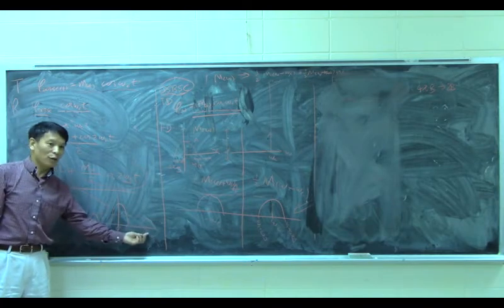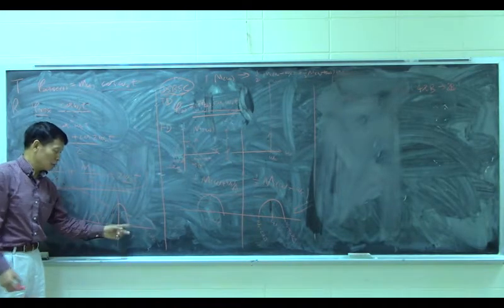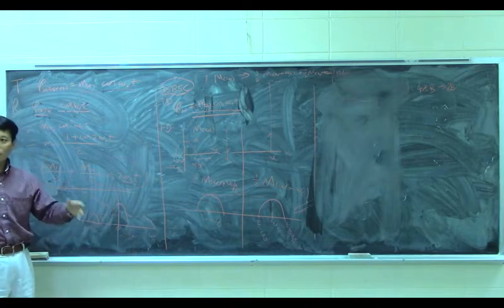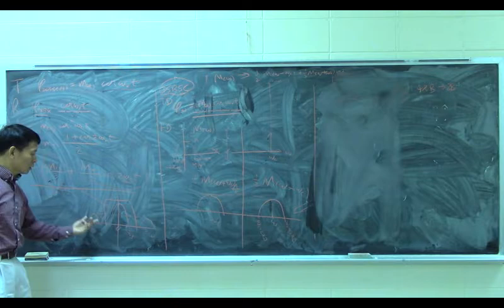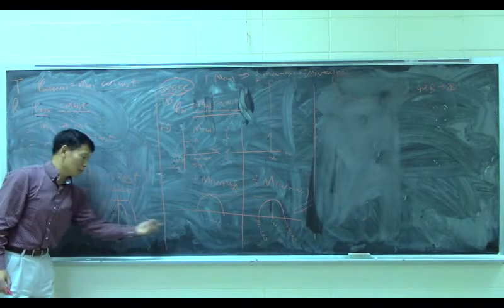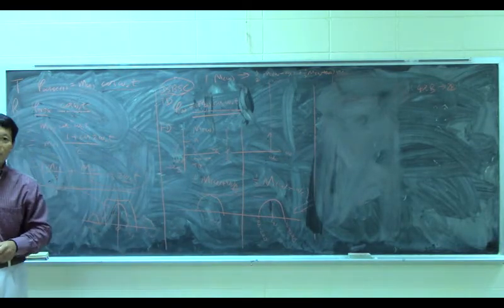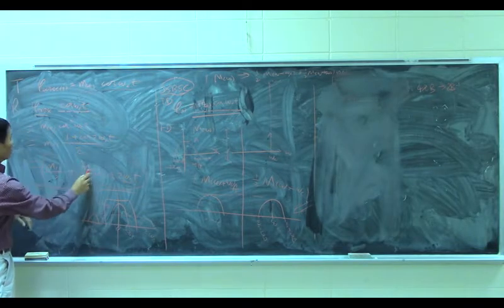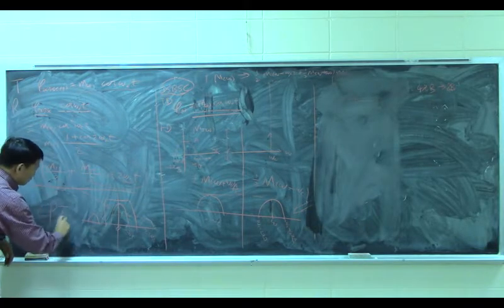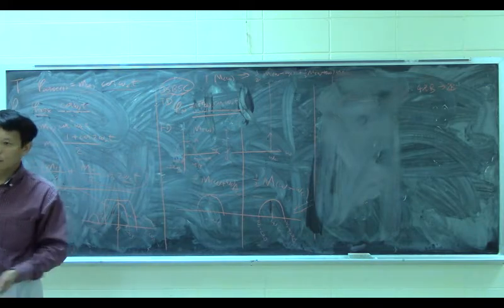We said this one's frequency is very, very high compared to this one, so these are separate. So we can use a low pass filter to cut off this part and this part, and have this part only. So followed by this multiplication, we use a low pass filter. We have what we want.